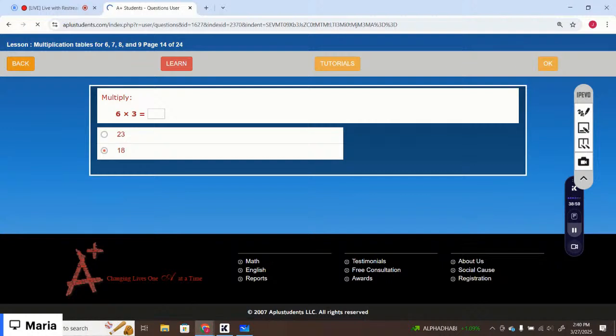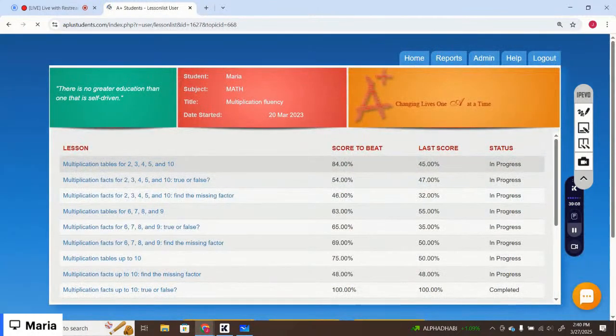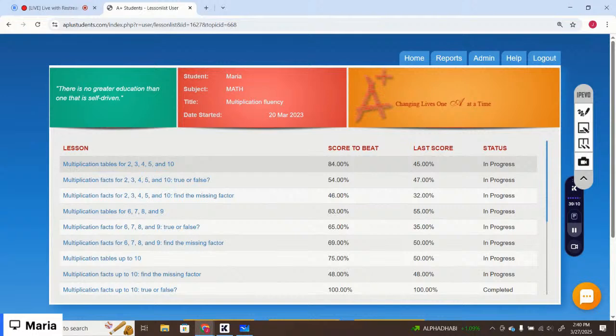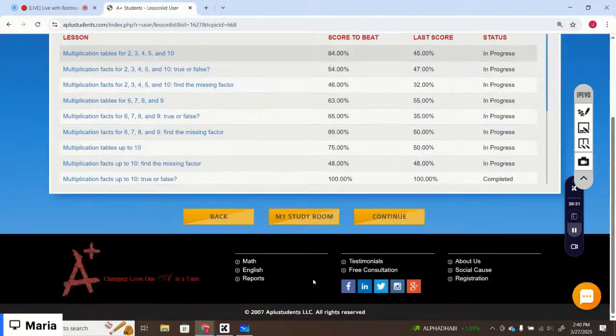So we were working on grade 3 math. The chapter we were working on is multiplication skill builders. The lessons we have covered today are multiplication tables for 2, 3, 4, and 5; multiplication facts for 2, 3, 4, 5, and 10 true or false; missing factor; and multiplication tables for 6, 7, 8, and 9.